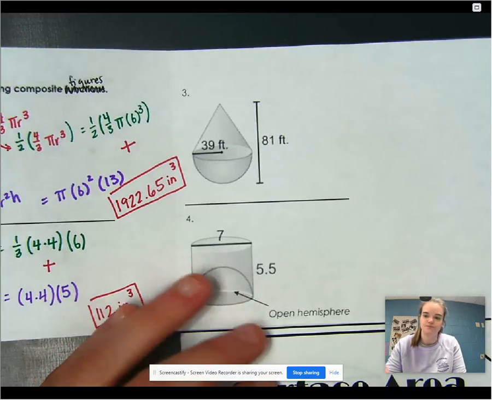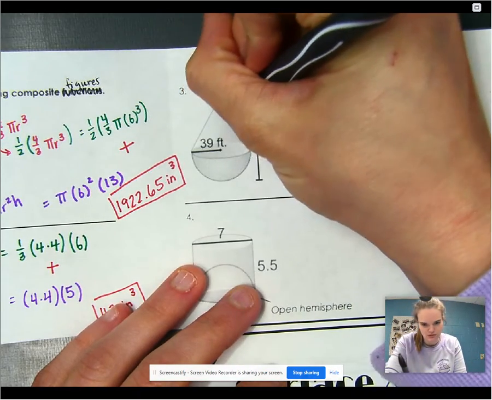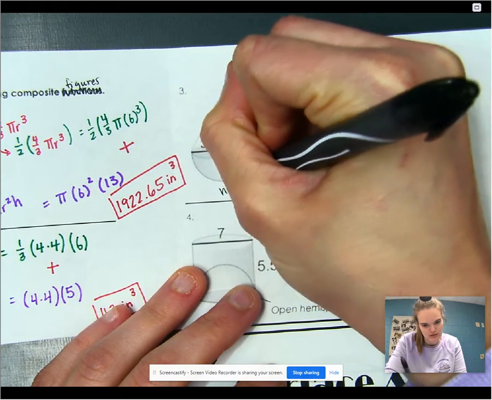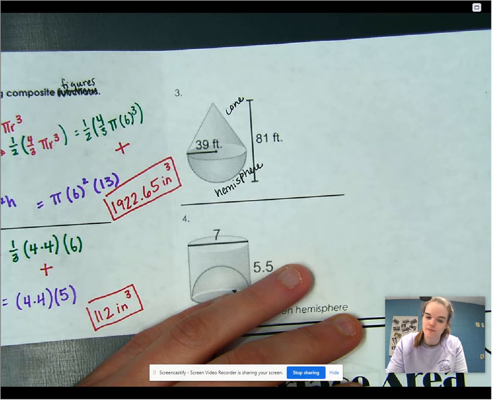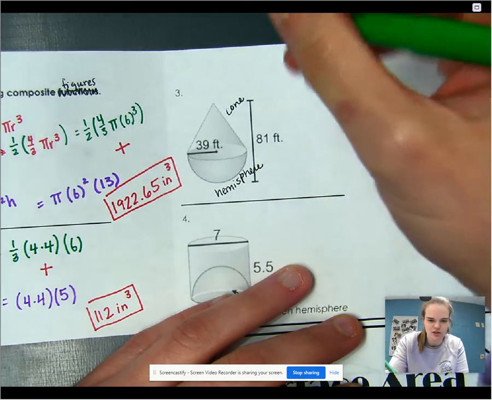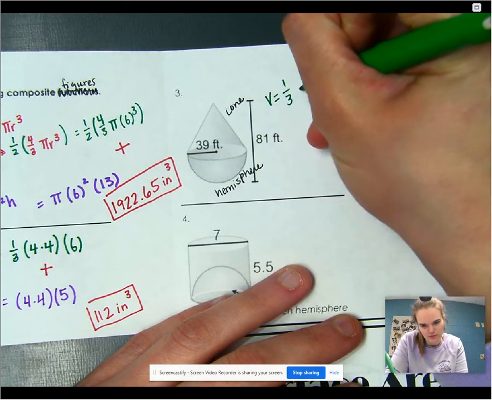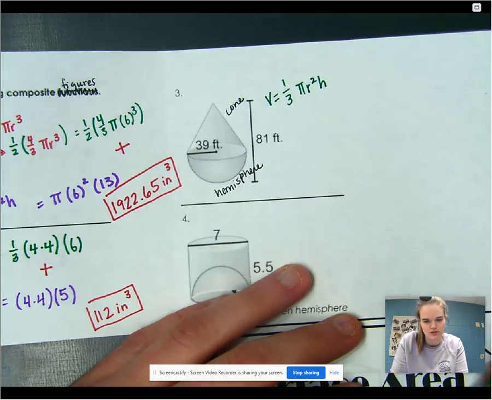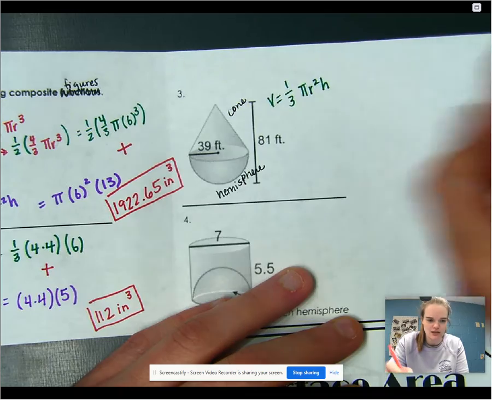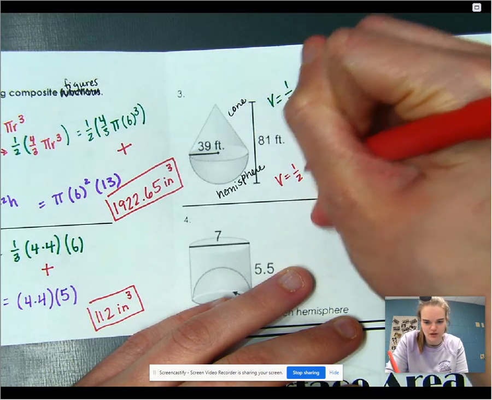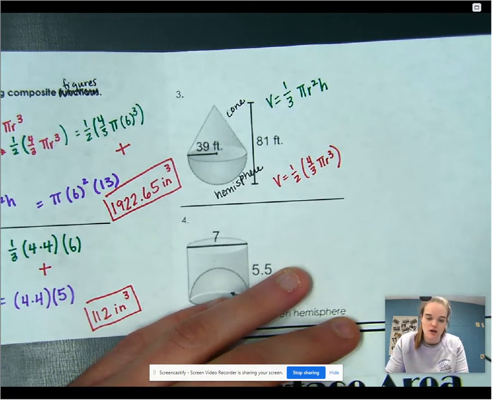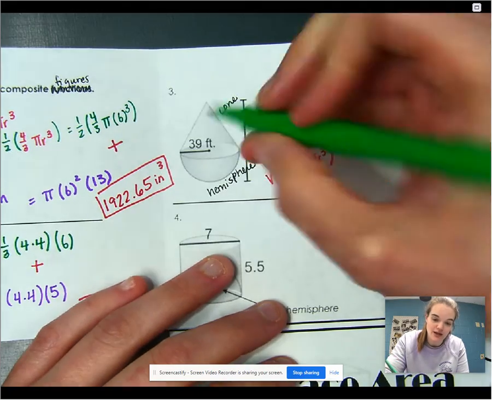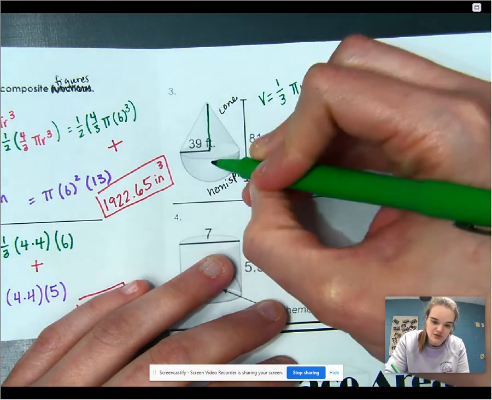All right, number 3. We have a cone and another hemisphere. The volume of a cone is 1/3 pi r squared h. We're going to have to figure out the height. And a hemisphere is 1/2 of the volume of a sphere. The height of this is actually whatever's left over.